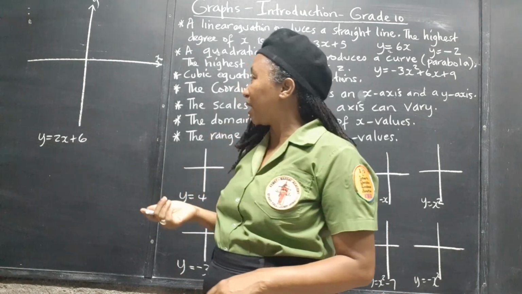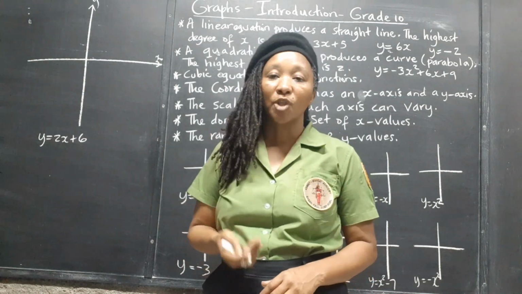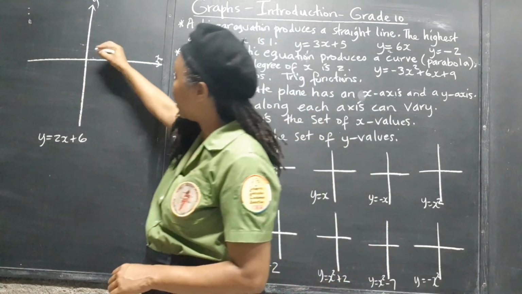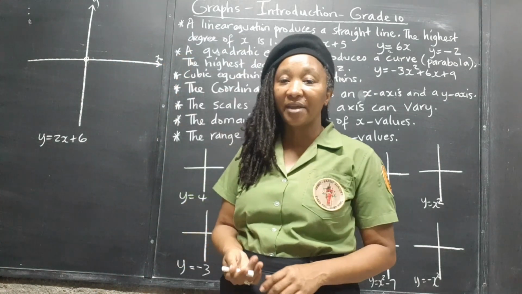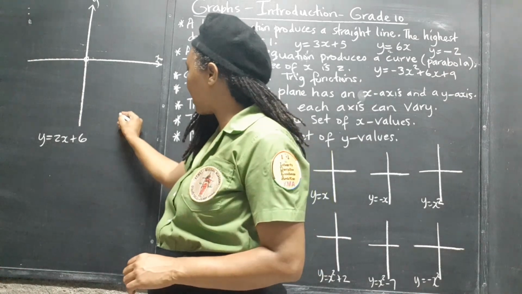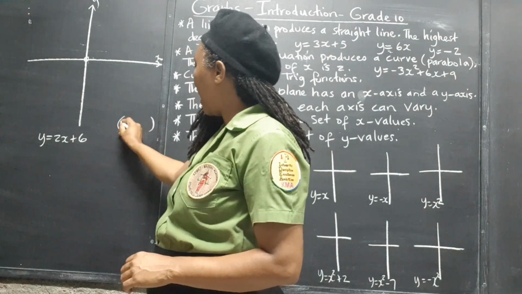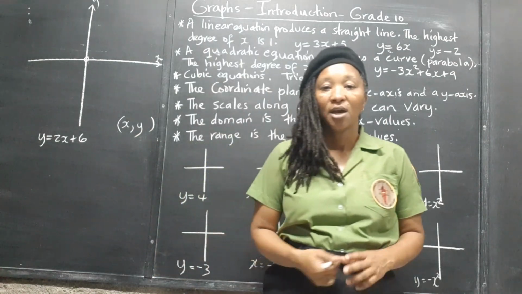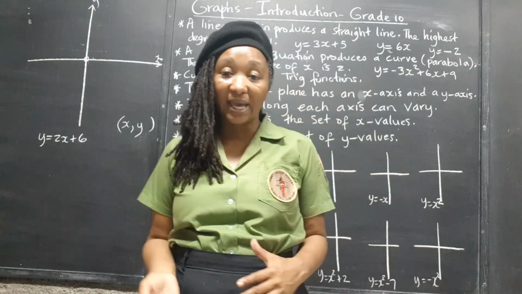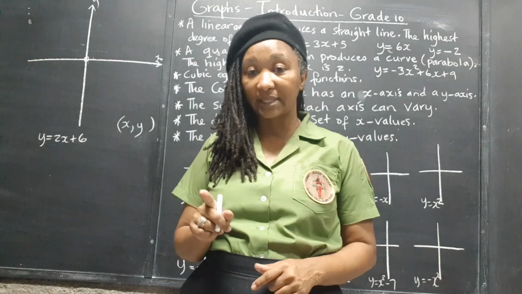So usually the origin of the graph, which is at 0, 0, right here, the coordinates are given in terms of pairs, with the x value given first and the y value given second. So the two coordinates combine to give 1 point.